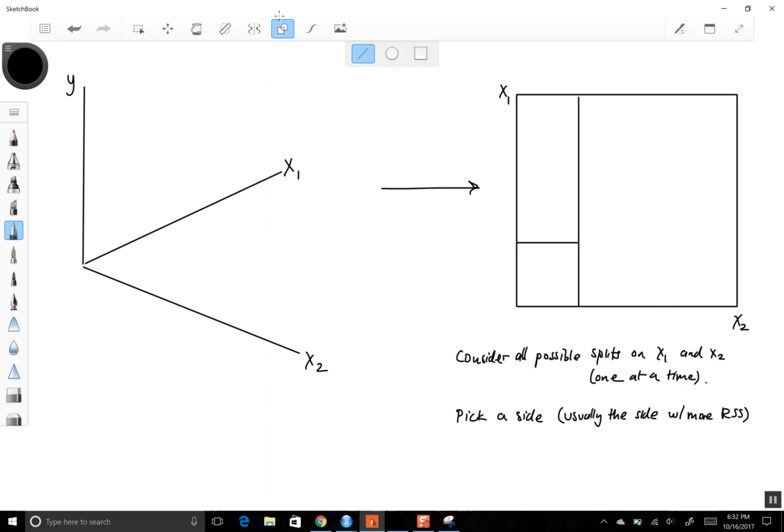With x2, you're still looking at all possible splits over x1 and x2, and it might be that x2 is still the best place, and so you might do a split right there, and then after that you might draw a split right there or something, okay? And you get partitions that kind of look like this.